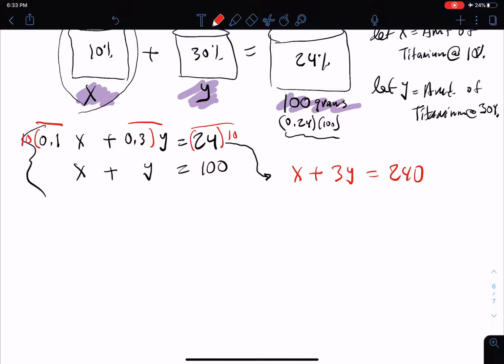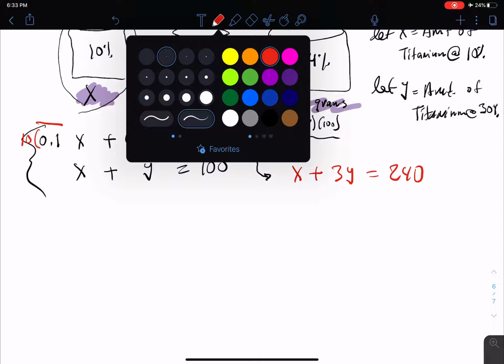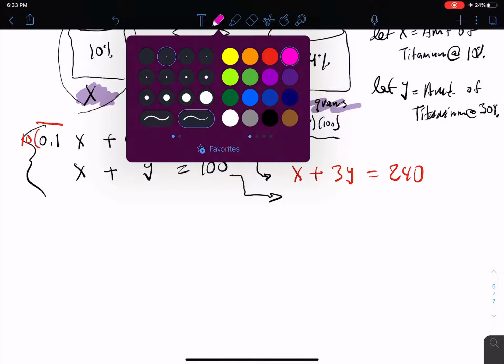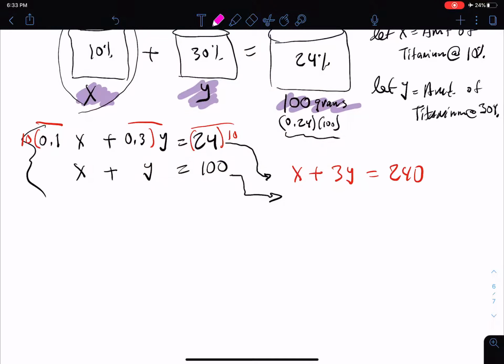So our next step is to eliminate something. I can see that's going to happen as long as I multiply this x times -1. So I must multiply everything on the left by -1 and every term on the right by -1. I get -x, -y, and -100.